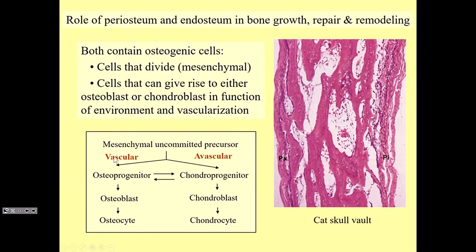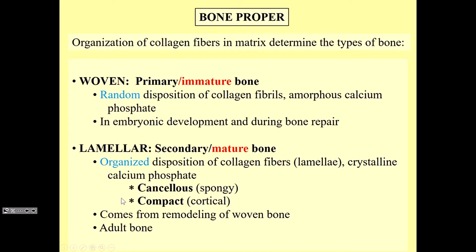If you do have blood vessels in that remodeled area of bone, those mesenchymal progenitor cells will differentiate first into osteoblasts and osteocytes, as we had previously discussed in the other two slides. And this is very critical for bone repair as well. It's all dependent upon the vascularity of the region of the bone undergoing remodeling or repair, if it's a fracture or a break. And we'll talk about that in much greater detail in the second hour.